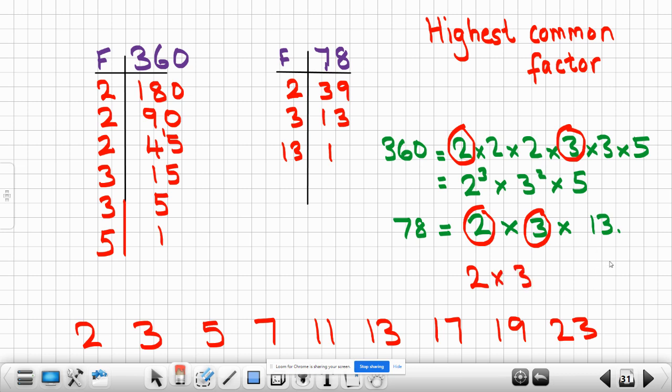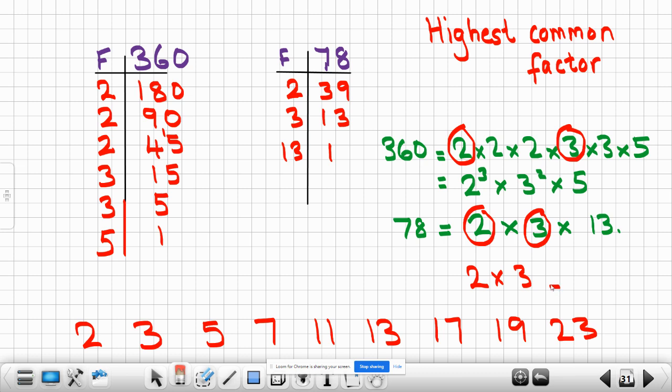But if we look now, there is nothing else in common. This one has got an extra two 2s, but we haven't got those here. This one's got an extra 3, but we haven't got that there. There's a 5, but there isn't one in this. And there's a 13, which isn't in the first. So we can only take out common factors of 2 times 3.